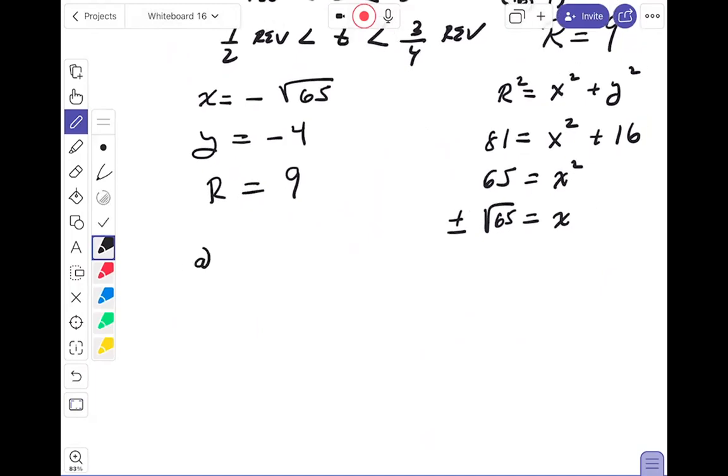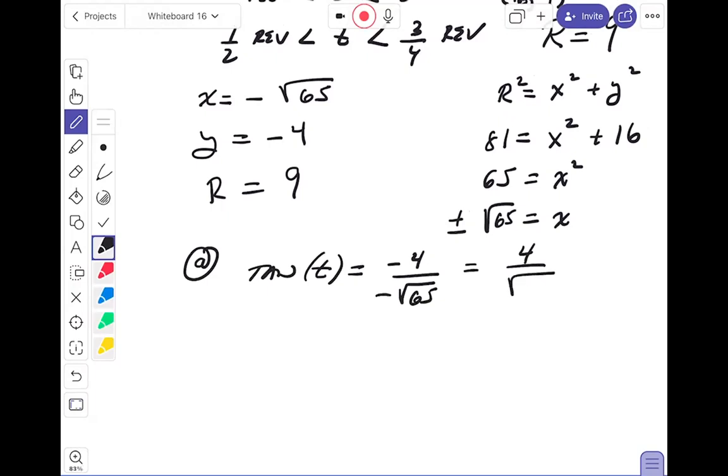What's A? It's tangent of t. What's the tan of t? The tan of t is going to be y over x, which can be 4 over root 65.